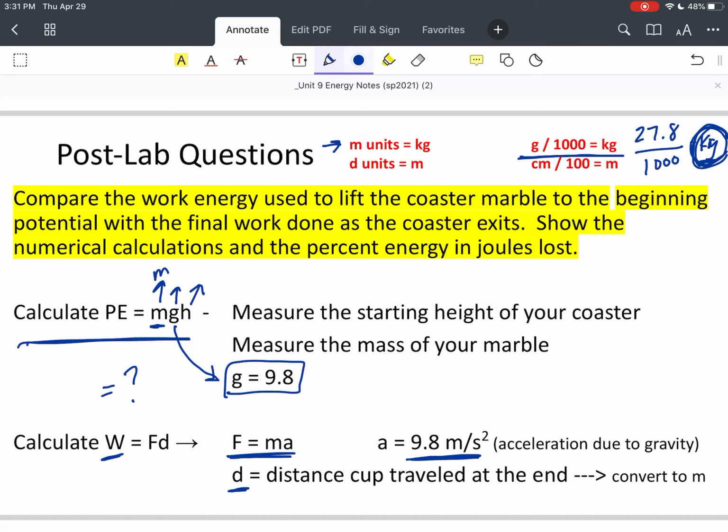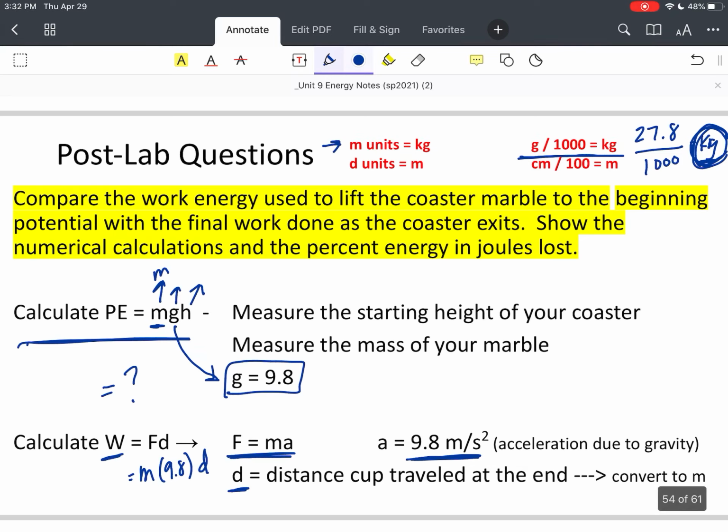I told you it was 1.1 meters. So you'll take your mass of the marble, your acceleration due to gravity, that 9.8, and then multiply that by the distance that the cup traveled. I've already got your distance in meters, so you're good to go.